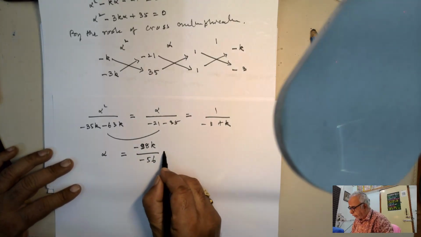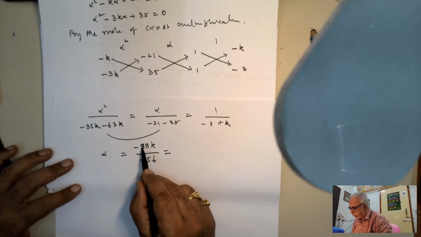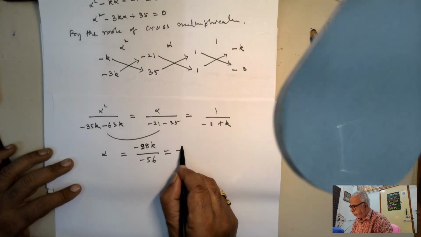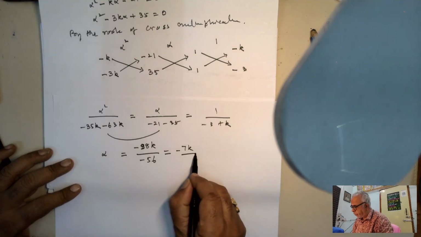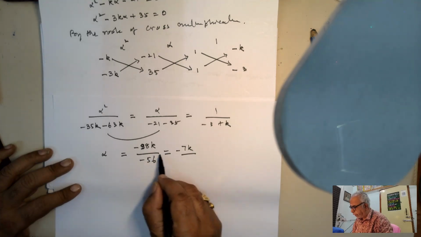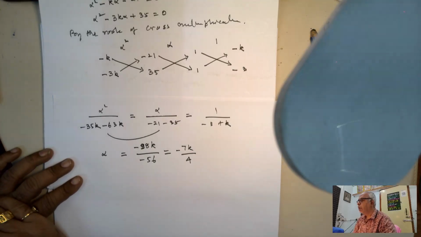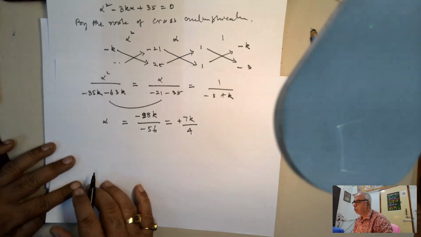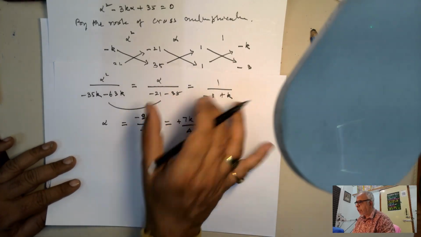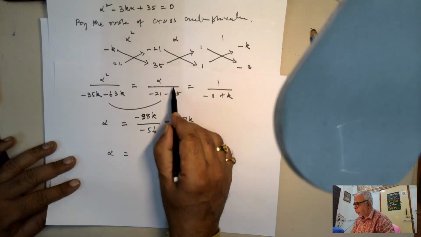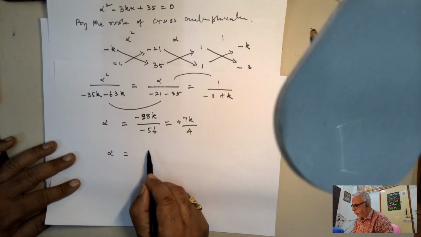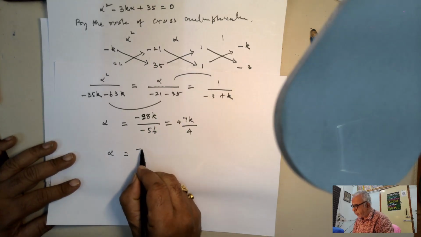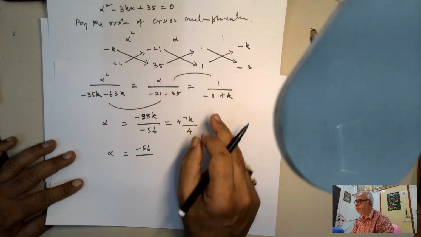So it means 7k by 4. This is alpha. And from the last two, now what you can do? That is minus 21 minus 35, how much? Minus 56 divided by, and what is this?